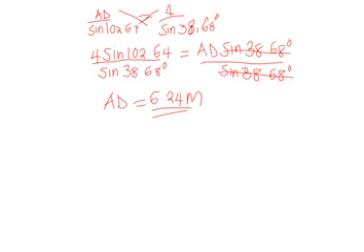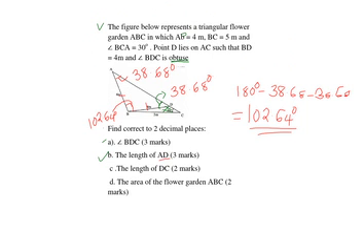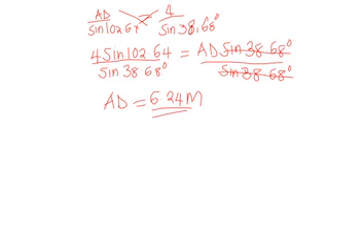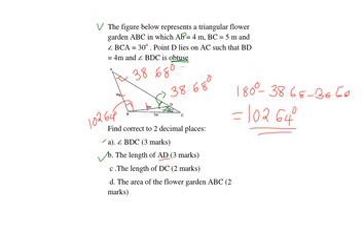Now that we have AD as 6.24 meters, we can go to part C, where we are told to find the length of DC. From the diagram, DC is part of AC. Again, we will apply the sine rule.